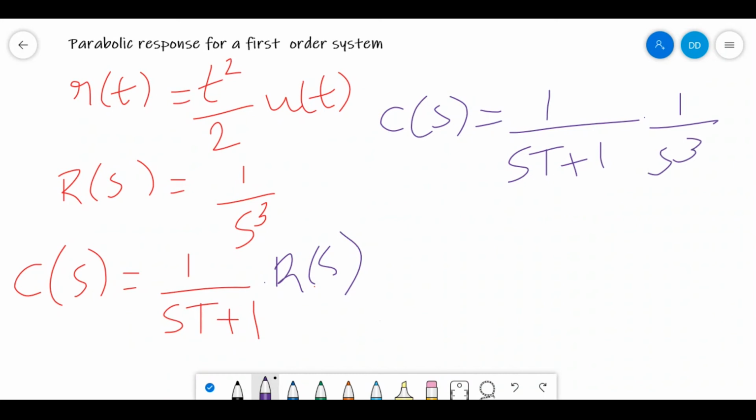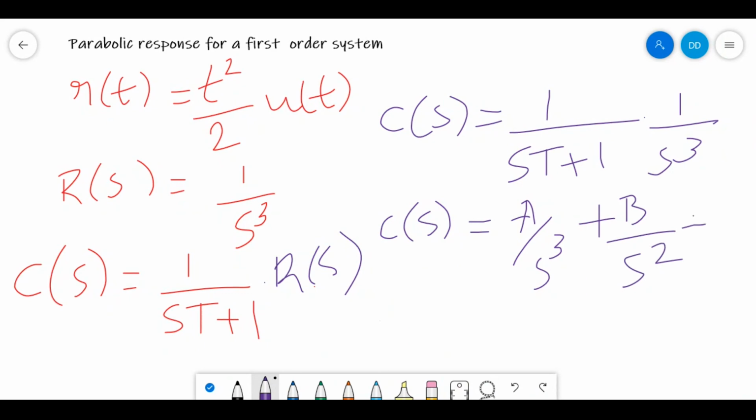So we have to go for partial fractions. So C of s is equal to A by s cube plus B by s square plus C by s plus D by sT plus 1.